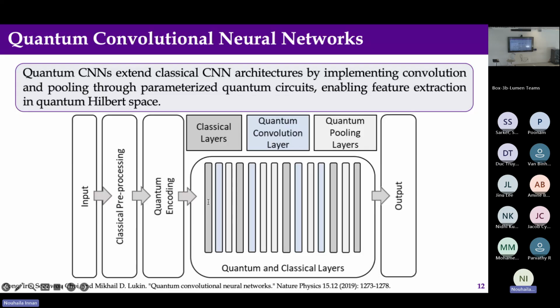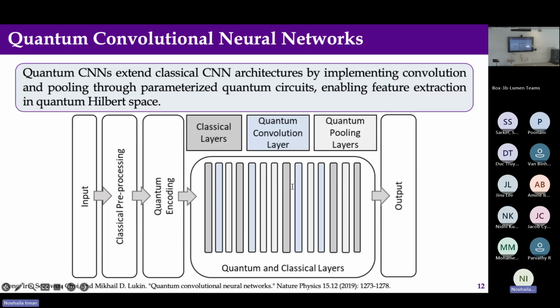The quantum convolutional network extends the fundamental properties of these CNNs, and its structure consists of applying alternating convolutional layers, pooling layers, and fully connected layers. It's kind of like a hybrid.